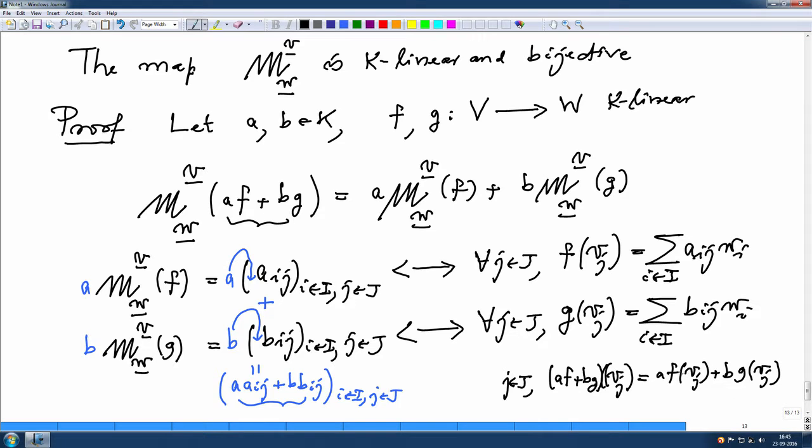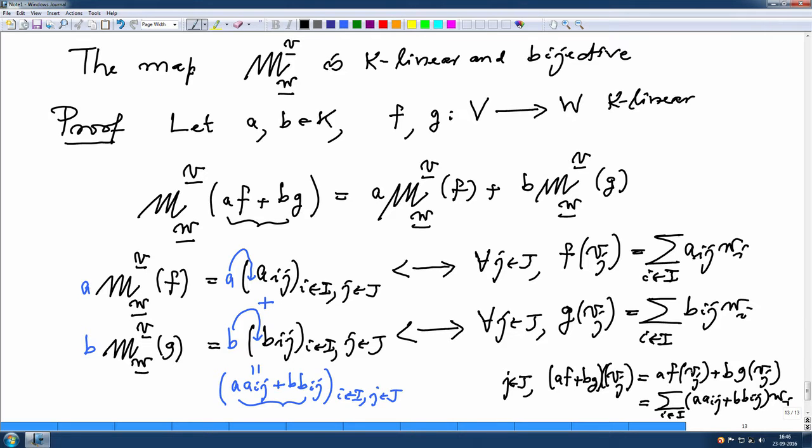But I know F of Vj is this, G of Vj is this, and when I combine them and rearrange the brackets, the ijth entry is A times Aij plus B times Bij, times Wi.